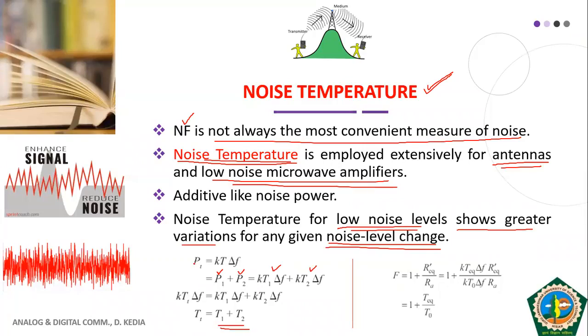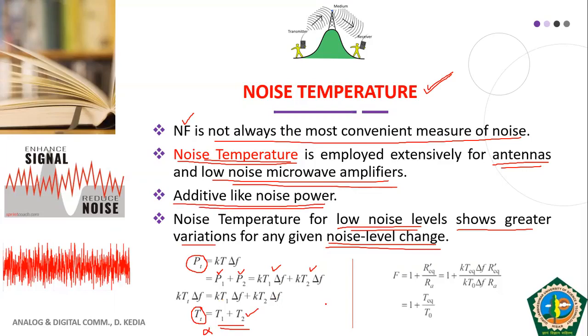So from here, your total noise power becomes proportional to the sum of your individual noise temperatures, or your total noise temperature is the sum of individual noise temperatures, which shows that noise temperature is additive for different noise sources.